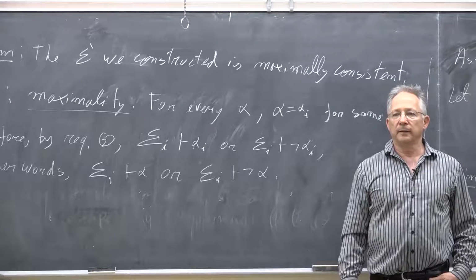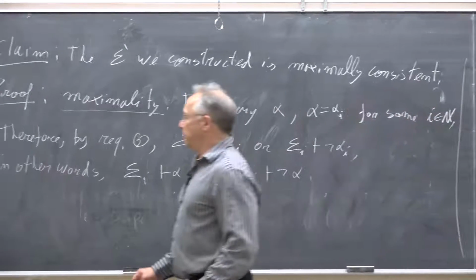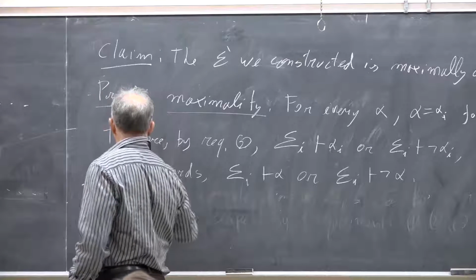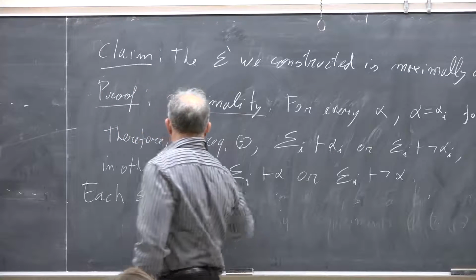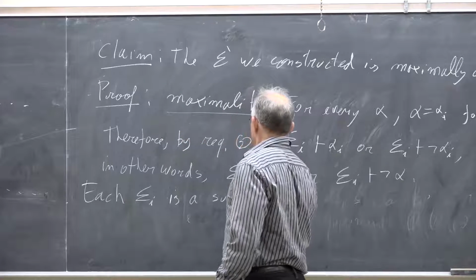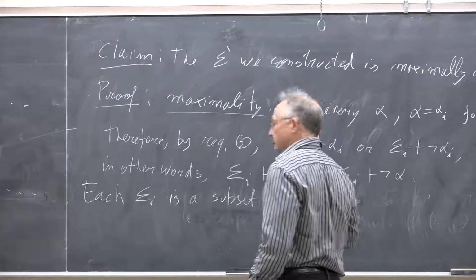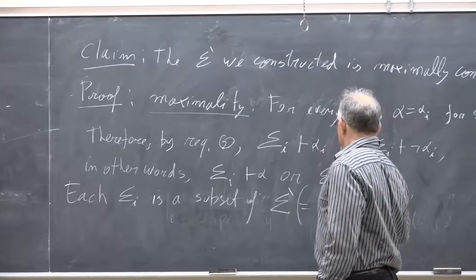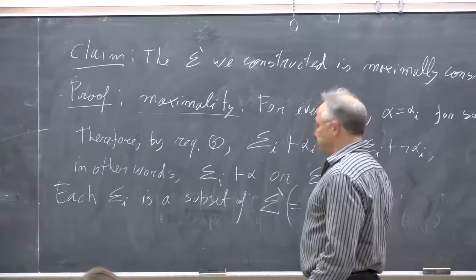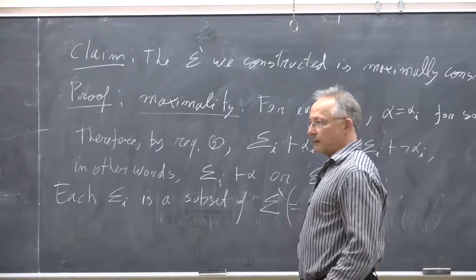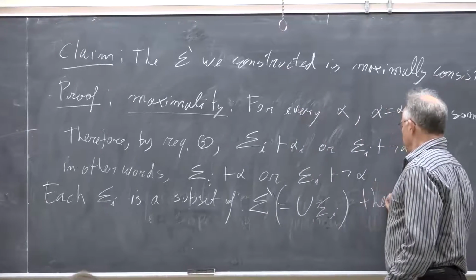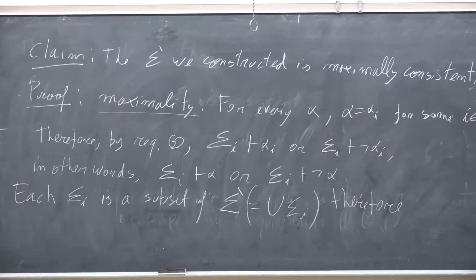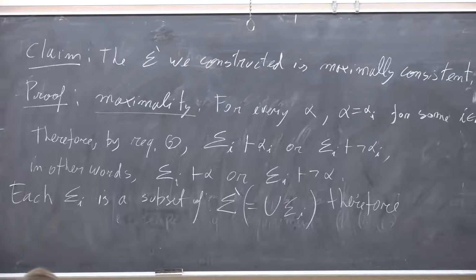Sigma i is a sigma prime subset. Right. Now, each sigma i is a subset of sigma prime, because sigma prime is the union of all of the sigma i's. So each of the particular sigma i is a subset. Therefore, by which property now do I get that sigma prime proves alpha or sigma prime proves not alpha?